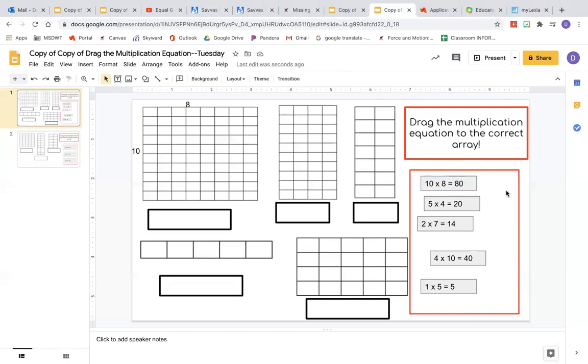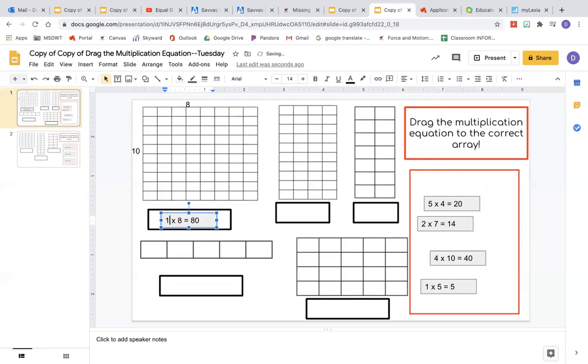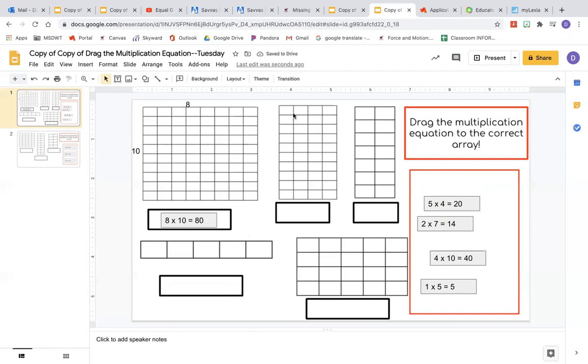Good. Make sure when you select it, you select the box, and make sure you wait till that little cross sign appears. Perfect. It could also have been written 8 times 10, right? Because we know that means the same thing. Perfect. Okay, we're going to do one more.